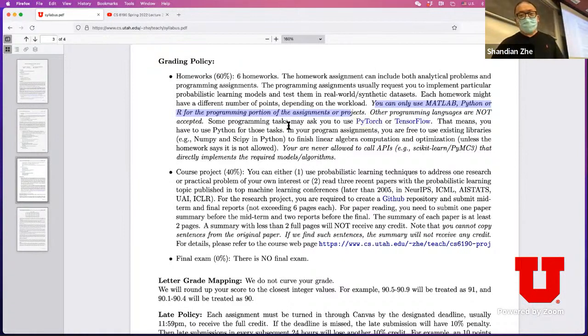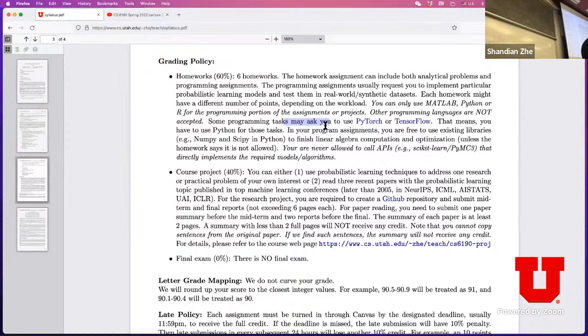And in some programming tasks, I may ask you to use PyTorch or TensorFlow. The reason is when we talk about Bayesian deep learning, like Bayesian neural networks, we're going to introduce some popular inference methods based on reparameterization and stochastic gradient descent. We don't want you to implement backpropagation from scratch. That's unnecessary. This is actually the content for an entry-level course.